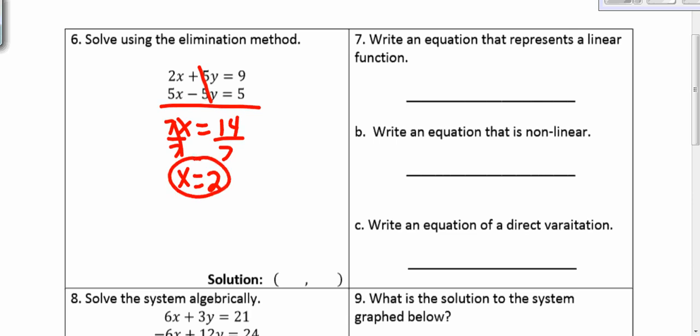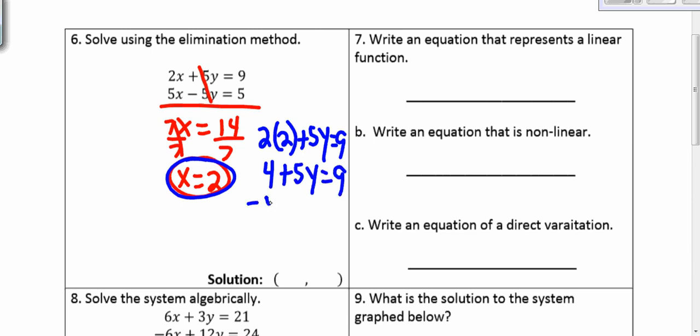I'm going to use that first equation to substitute back into. I'm going to substitute my x as 2, because that's what I solved for right here. Plus 5y equals 9. 2 times 2 is 4, plus 5y equals 9. You have to solve for y, remember?